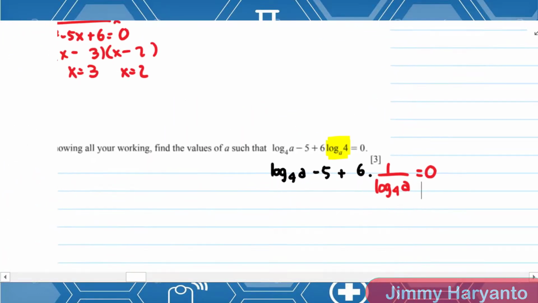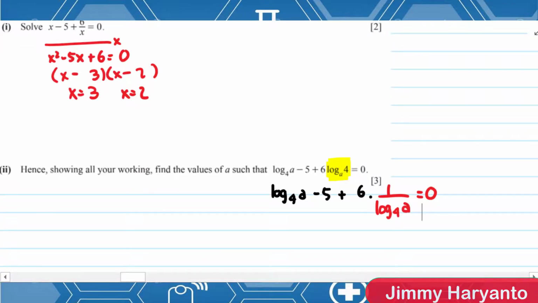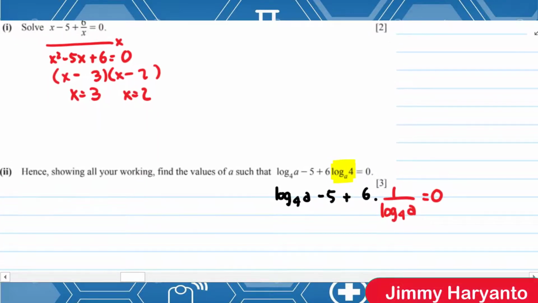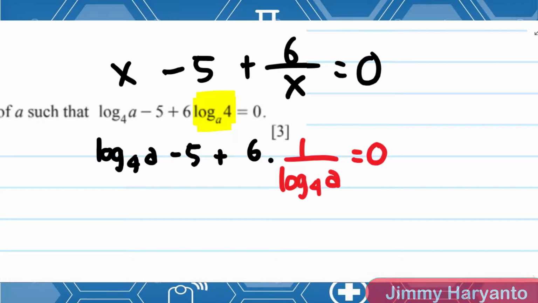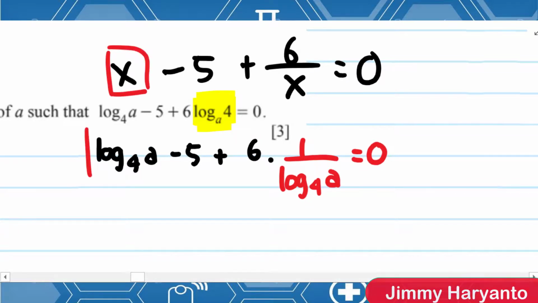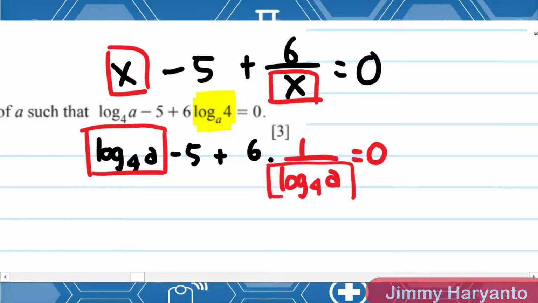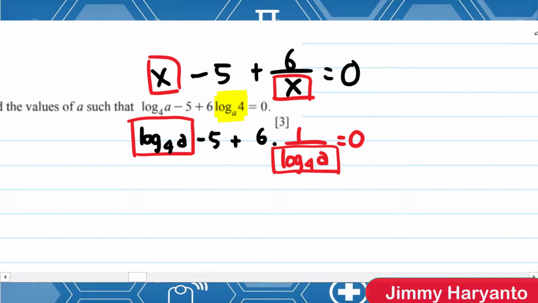After that, we can compare with our previous question. The previous question says x minus 5 plus 6 over x equals 0. Take a look at this. It's very similar, guys, except for the x. Also this x changed into log 4a.